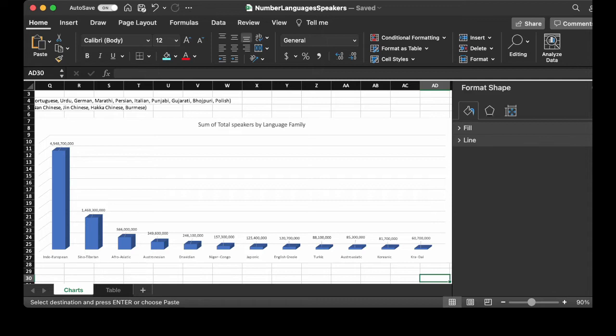Okay, now if we go over to the branch statistics. So, this shows what percent of that branch are the total speakers. So this 1.5 billion over the 7.898 billion is 20%.